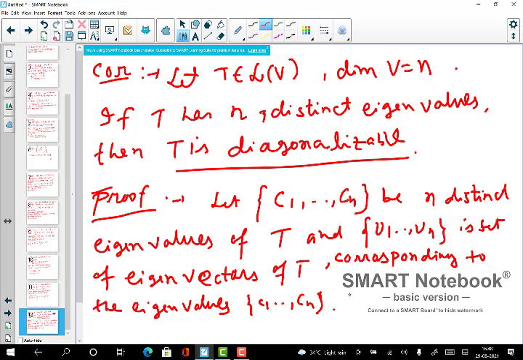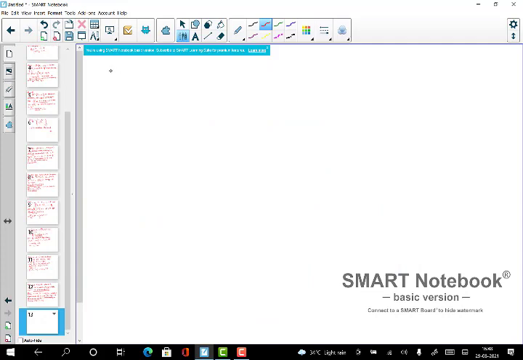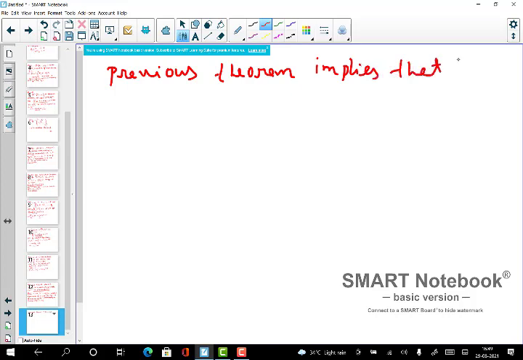Now the previous theorem implies that this V1, V2, up to Vn are linearly independent over F. And now see that if you have a vector space of dimension n, you have at most n linearly independent vectors.